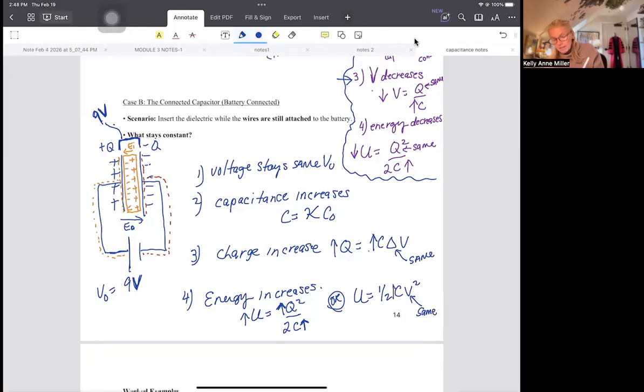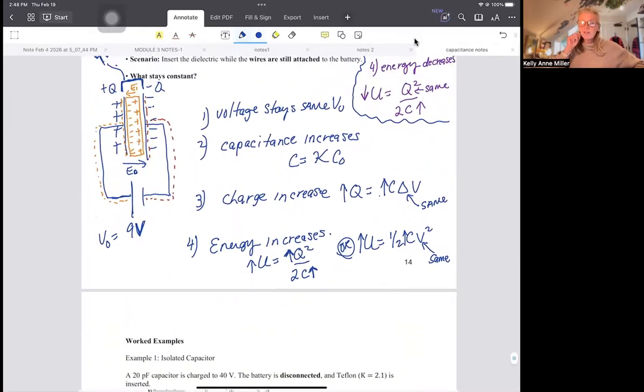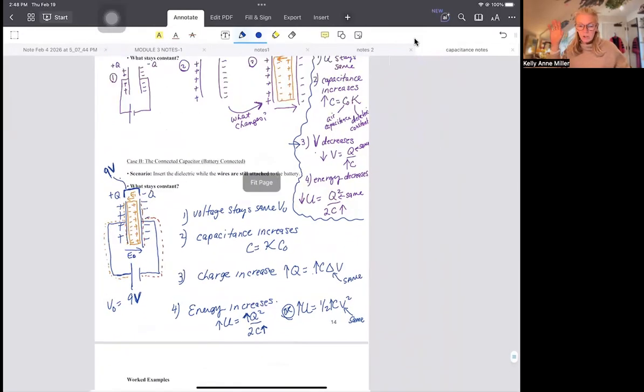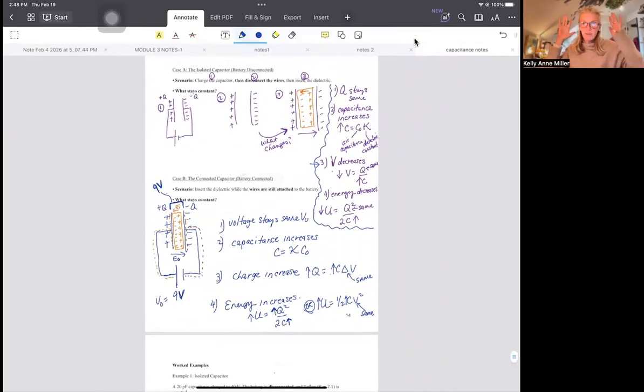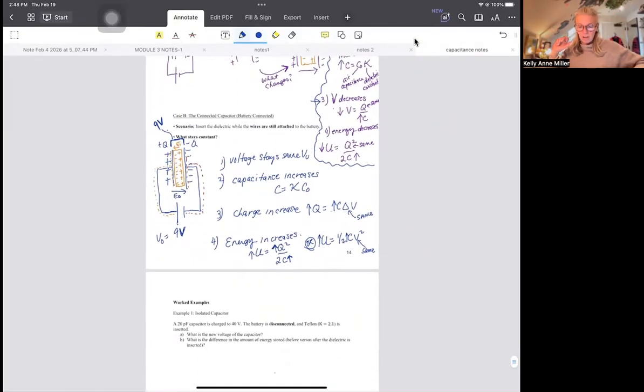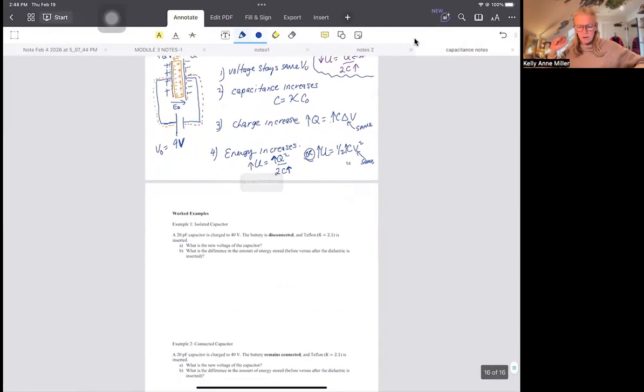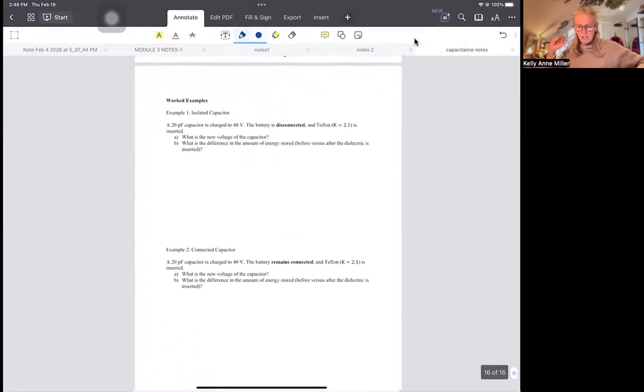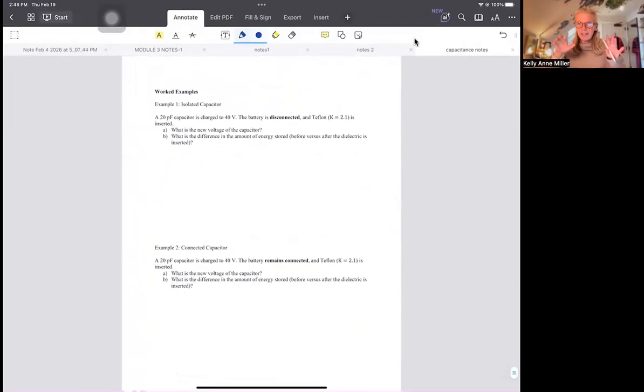Capacitance increases, so energy has to increase. Okay. So those are the two scenarios, and if you keep them straight in your head, you can never go wrong. One or maybe two of the problems on the challenge test your understanding of those two different situations.